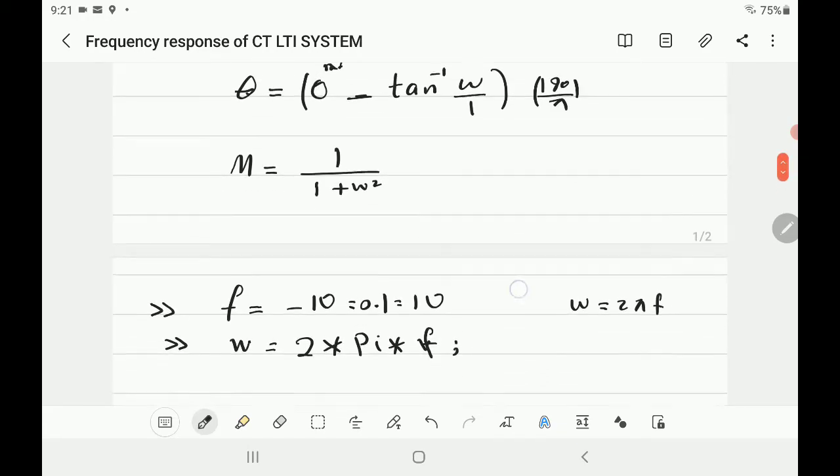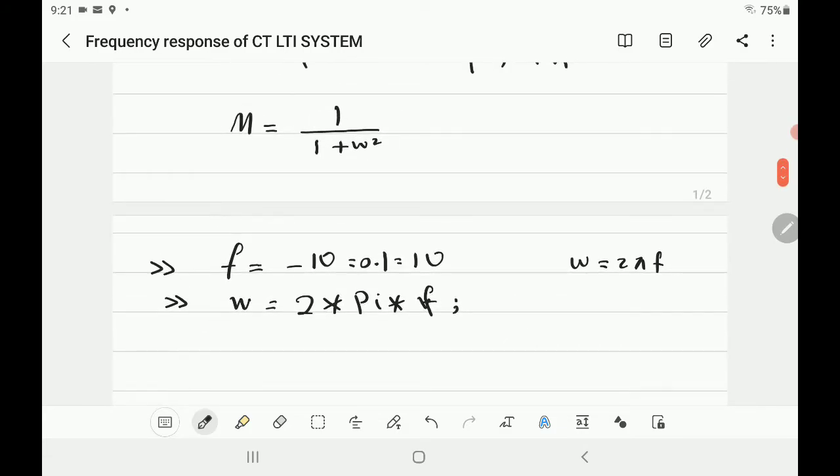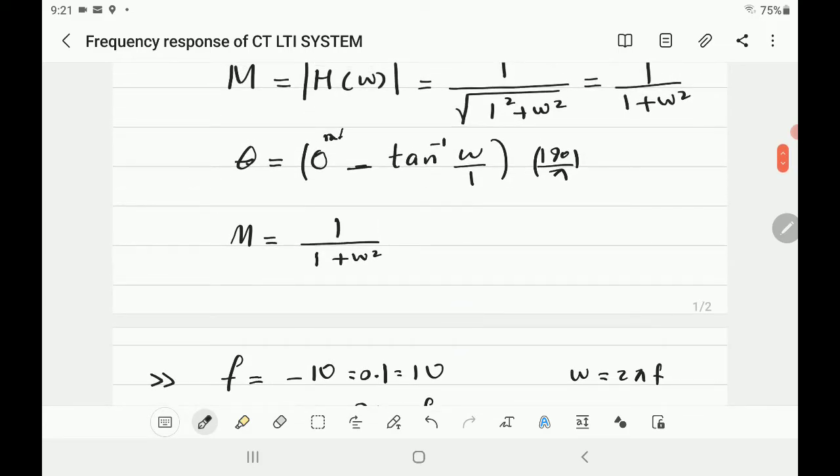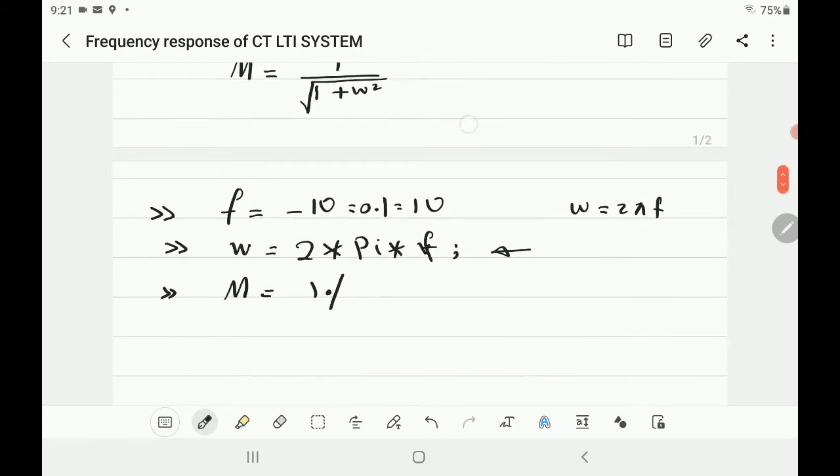And you can find the magnitude by writing the relationship, say m is equal to 1 divided by the square root of 1 plus omega squared. But remember, omega is a row vector, so when you divide, it's not enough to do that. To make a division element by element, you put a dot before the division symbol here. Also for the square root of 1 plus omega squared, you multiply omega times omega.